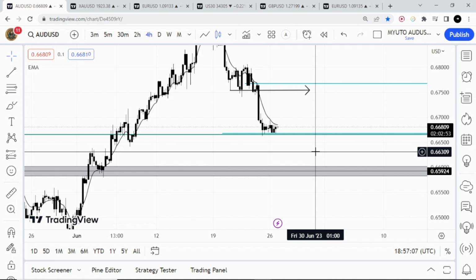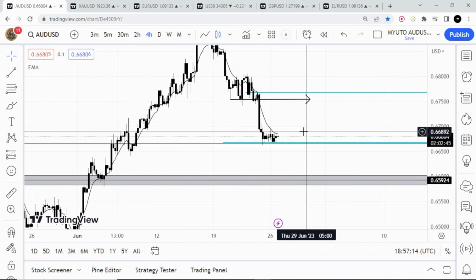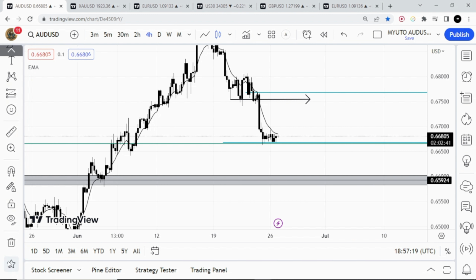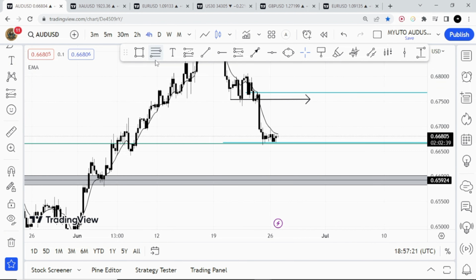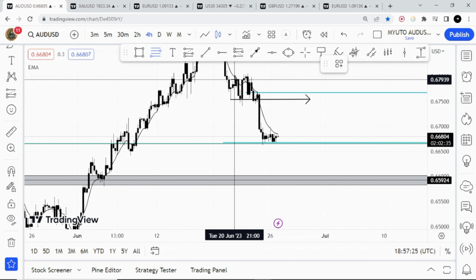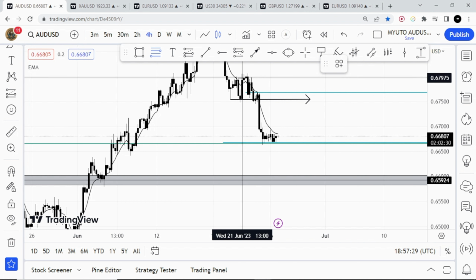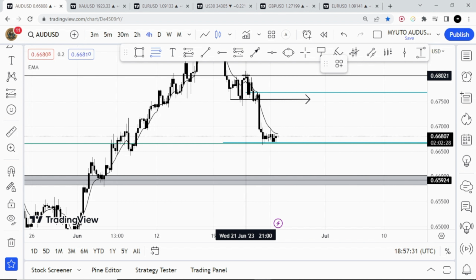If not 0.6650, we can use the Fibonacci to measure the target. So I can also show you how to use the Fibonacci. If we are in a downtrend, we place the Fibonacci at the lower high.